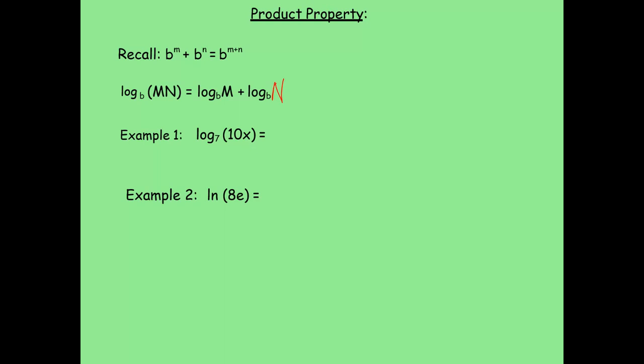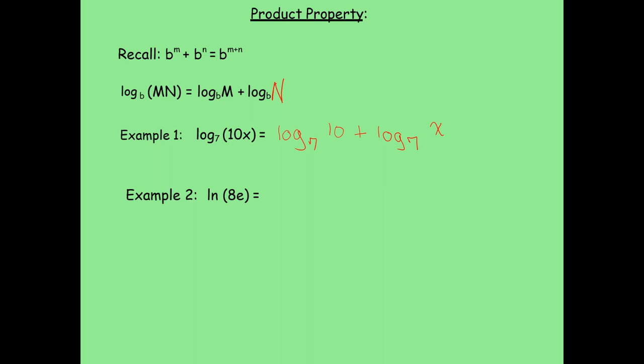So for our first example, we have log with base 7 of 10 times x. So we end up with log with base 7 of 10 plus log with base 7 of x.